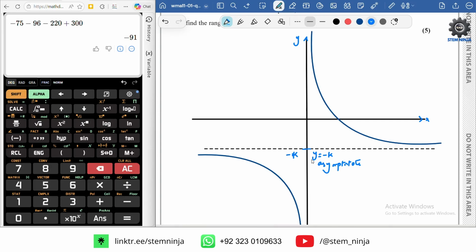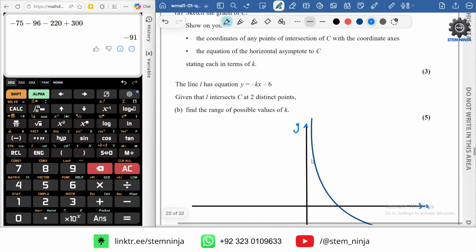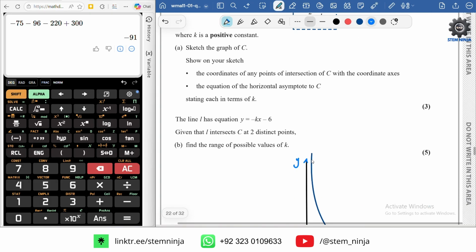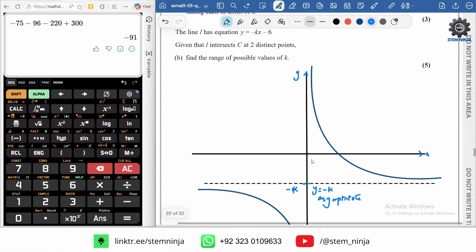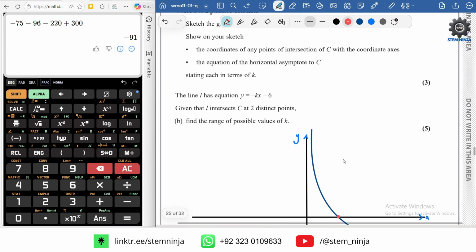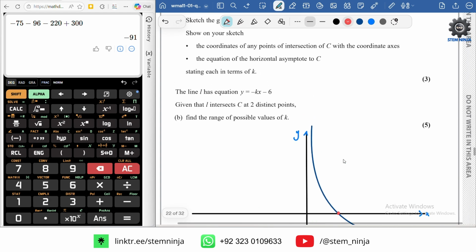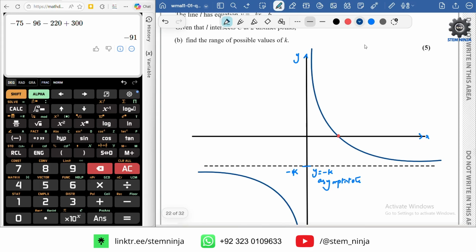Right? And that's it. Now, the coordinates of any points of intersection of C with the coordinate axes. Okay, so we need to figure out this particular point. We have y equals 2 over x minus k.